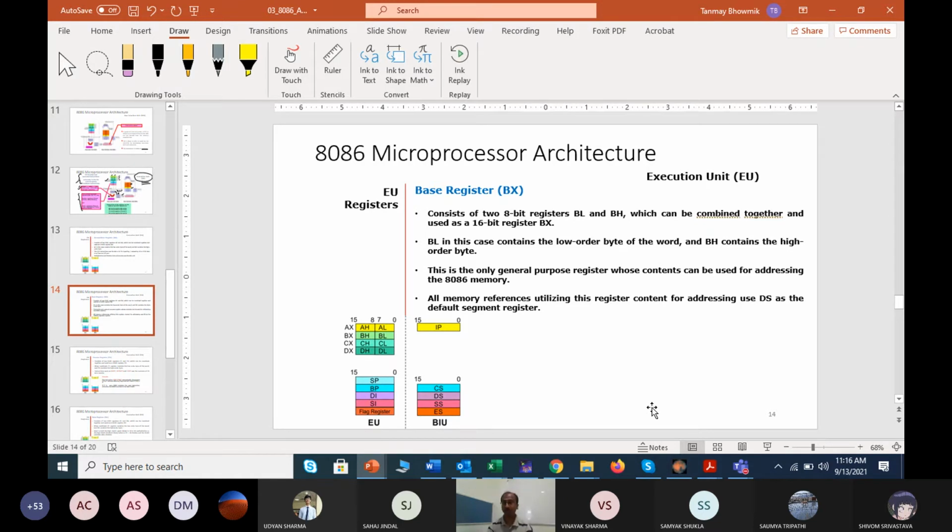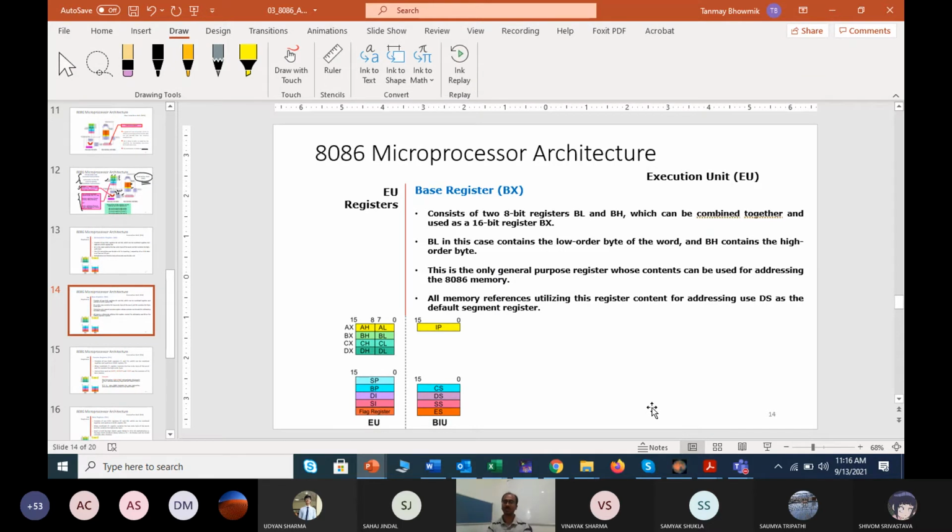Or if I take this class in offline mode, I will first check in which room my lecture has been scheduled, and move to that room. That data will be stored in the data segment register. So I will check in the data segment register what my lecture room number is, maybe CH101. I will move to CH101 for taking your class, and from that room I will take your class.